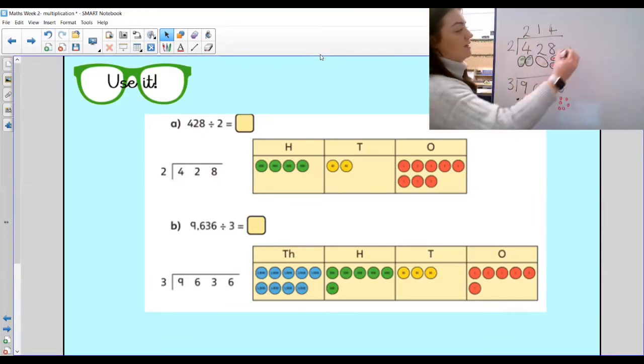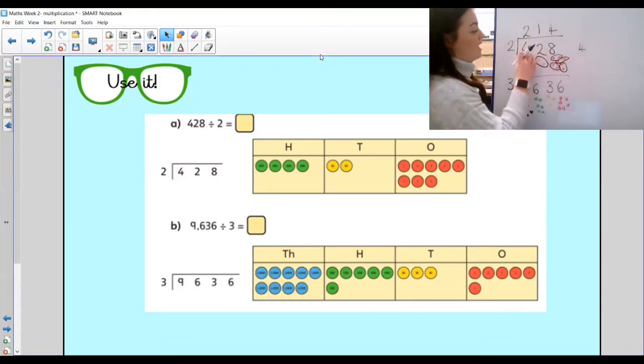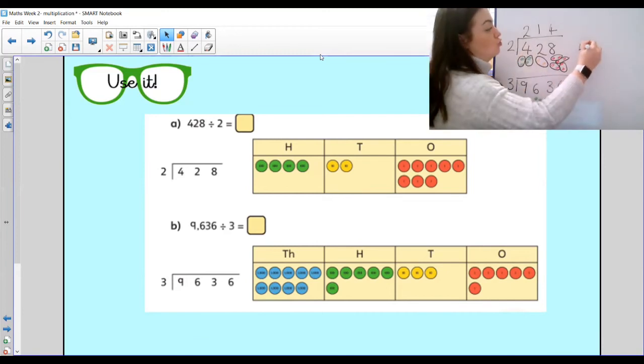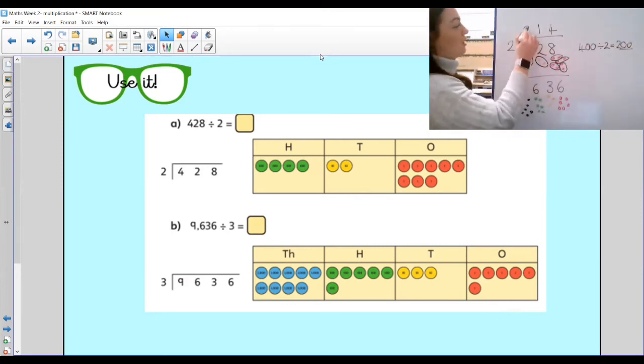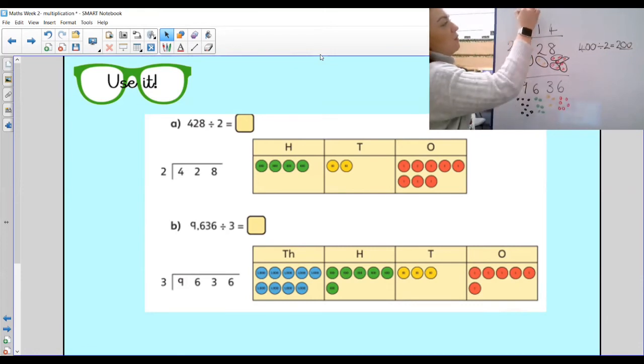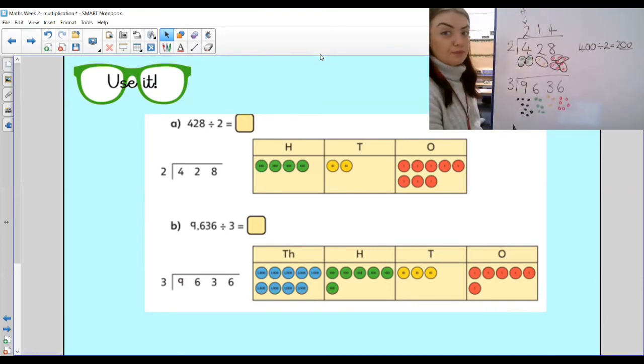Okay, so let's just double check. This 4 here stands for 400. It represents 400. Divided by 2, 4 divided by 2 is 2, and make it 100 times bigger is 200. That's why I've got my 2 in my hundreds column. Here, this stands for 20 because I've got my 2 tens.